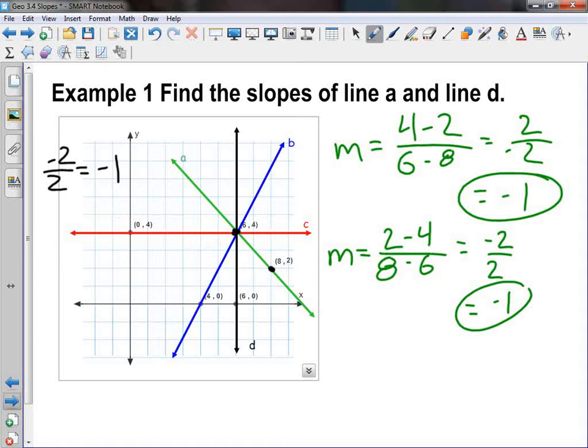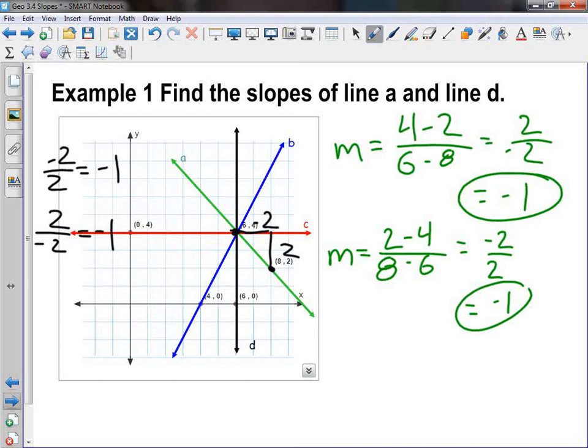My rise is what? 2, right? But my run now, it's backwards, so my run is negative 2. So this time I have 2 over negative 2, which is still negative 1, okay?